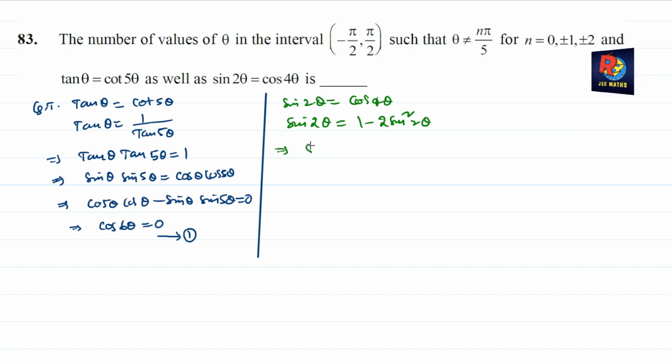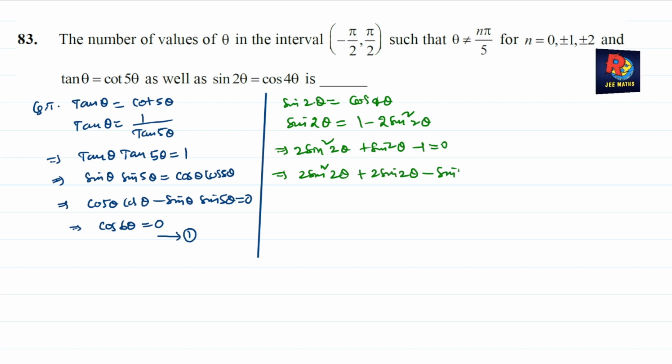So it is a quadratic equation in sin 2 theta: 2 sin square 2 theta plus sin 2 theta minus 1 equals 0. Factorization is possible. So 2 sin square 2 theta plus 2 sin 2 theta minus sin 2 theta minus 1 equals 0.